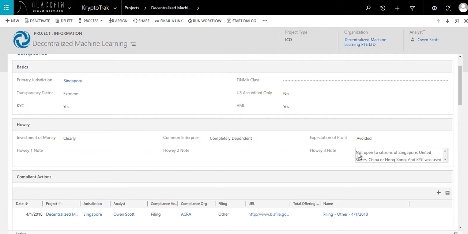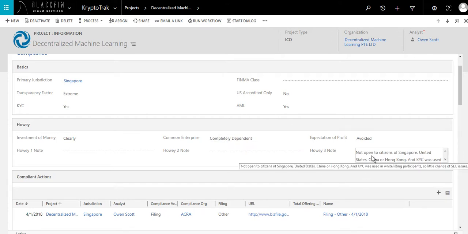If the SEC came after this company, in my opinion, this is my opinion, not legal advice, and they showed that they did KYC and AML, and yet there was some American waving these tokens around and saying, I bought these from these people and I'm an American, and it was proven that American got those tokens by using falsified KYC and AML documents, then I doubt they'd have much to worry about.